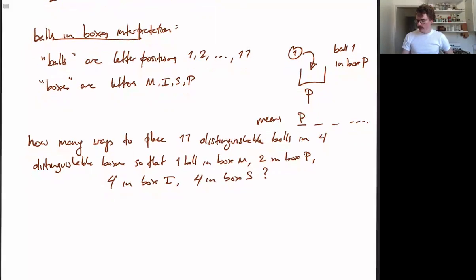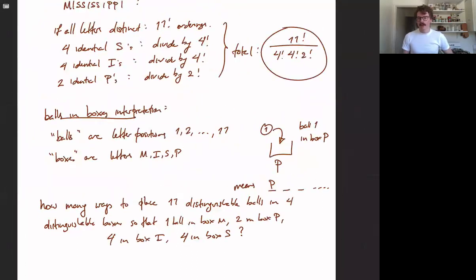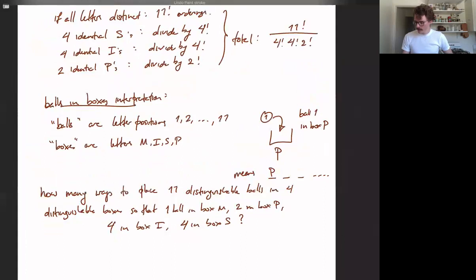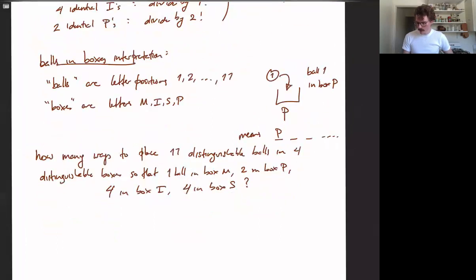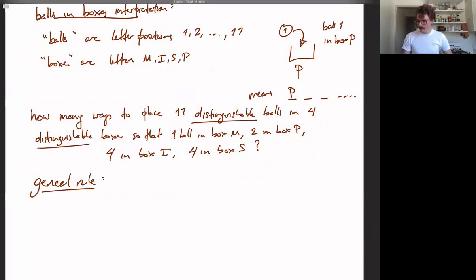So the general rule that we can interpret from our counting up here, here's a general rule. So this is our general rule for distinguishable balls in distinguishable boxes with some accounting of how many balls go in each box.